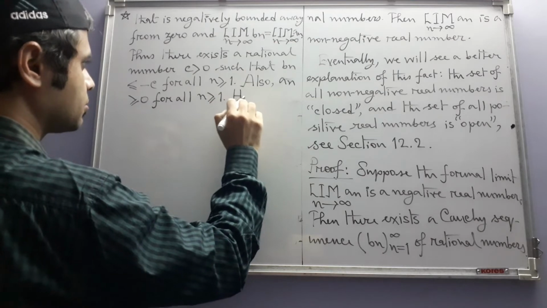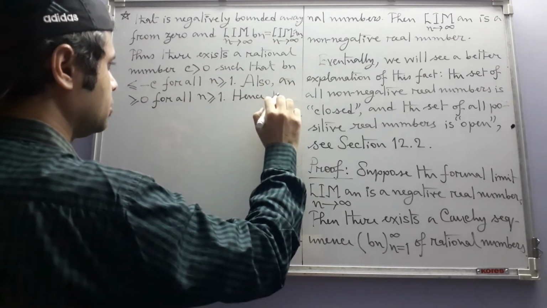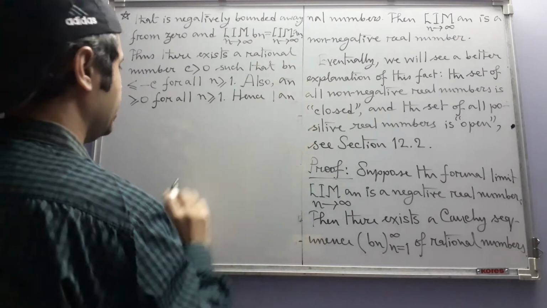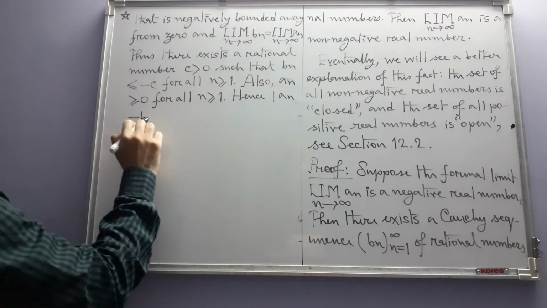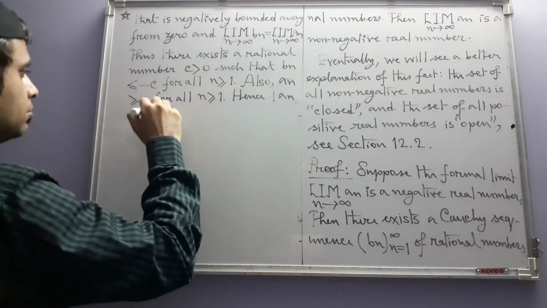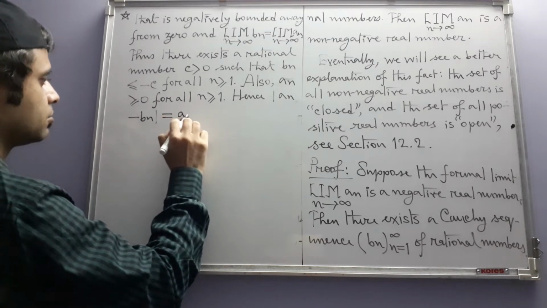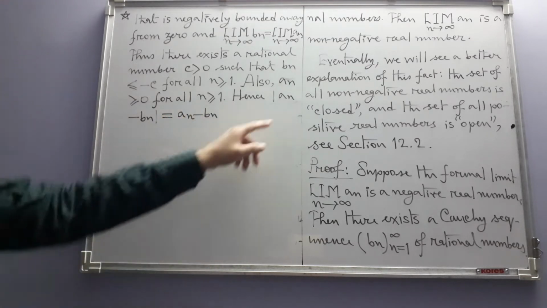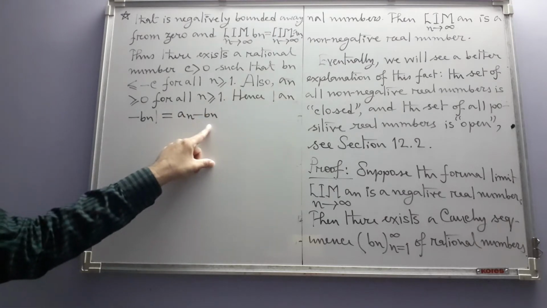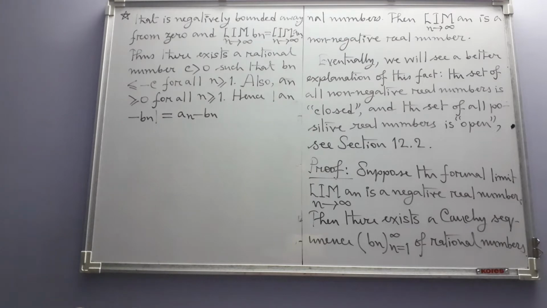Hence, the distance between an and bn, which is equal to an minus bn. Do you see why this is equal to an minus bn? It's because an minus bn is a positive rational number.